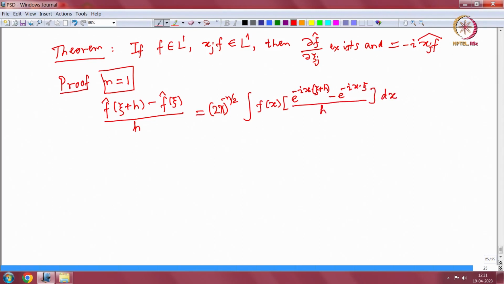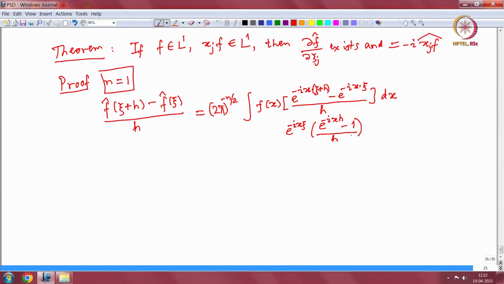So, let me do the simplification here itself. Please write down all these steps carefully. So, this is e to the minus i x j times (e to the minus i x h minus 1) by h.